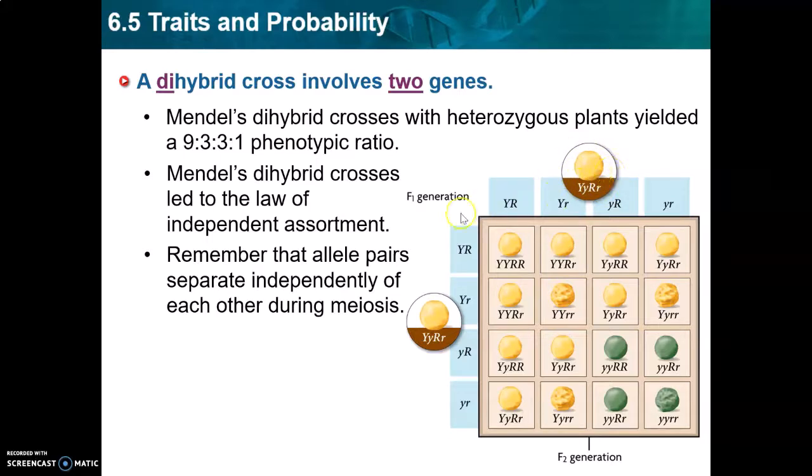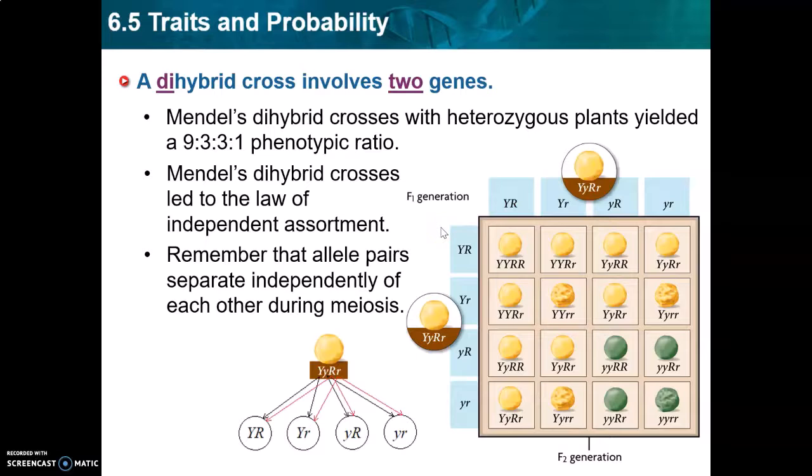But we have to know all of the possible combinations of Y and R that this parent can produce. So the best way to do that is to think about that FOIL method from math. F for first, take the first Y and the first R. That's one possibility. Capital Y, capital R. O for outside. Take the outside Y and the outside R. You get a capital Y, lowercase r.